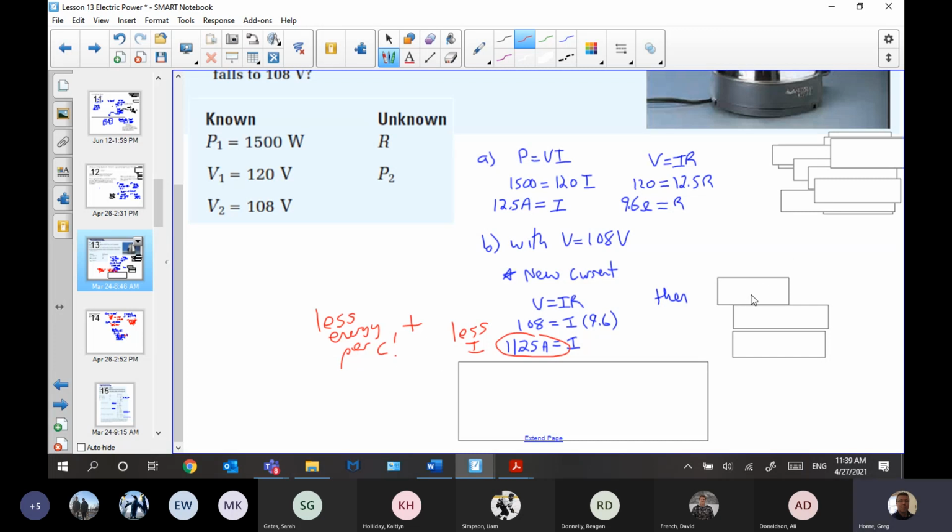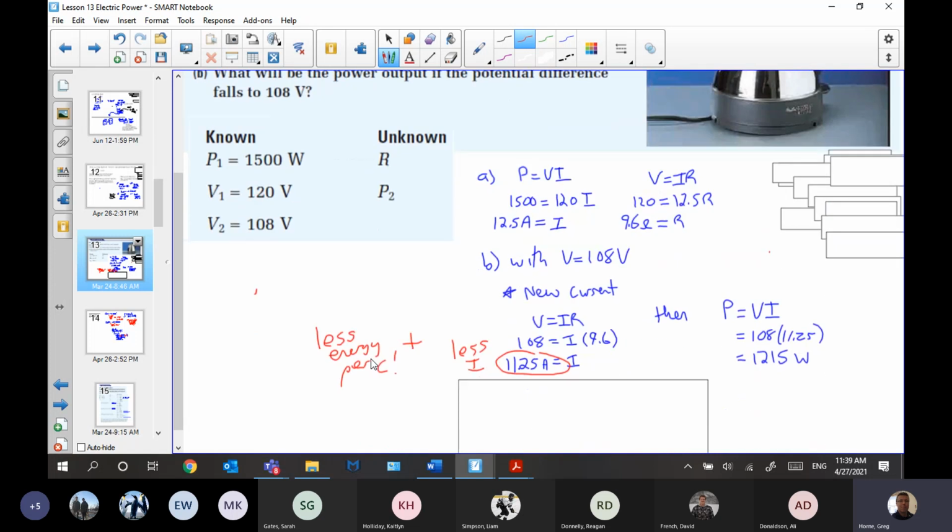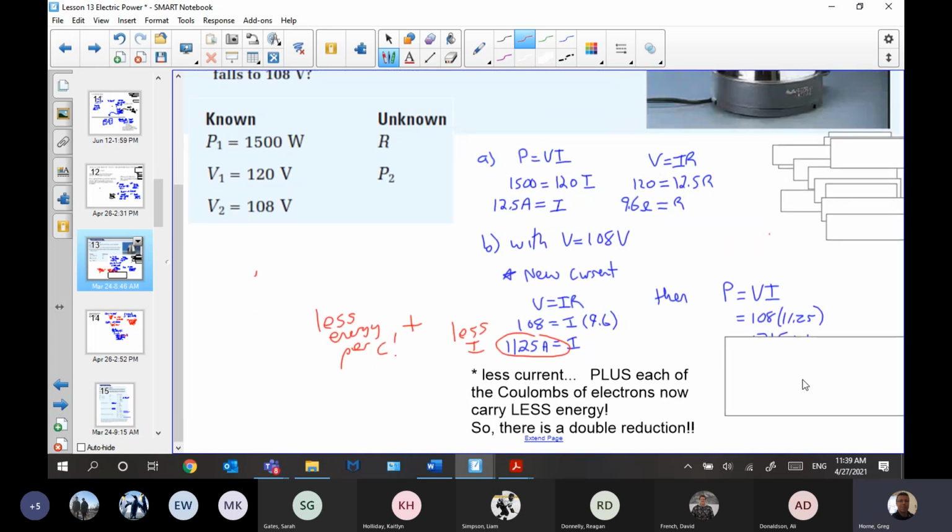And that's that double decrease business going on again. So yeah, so that's actually going to lead to this thing being 1,215 watts instead of 1,500 watts. So that's my note there about less current plus, I guess I wrote the double twice. I see the irony.